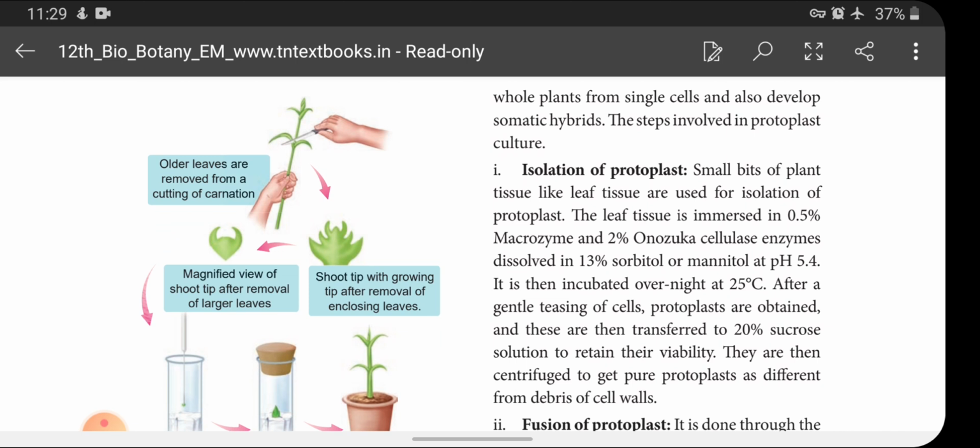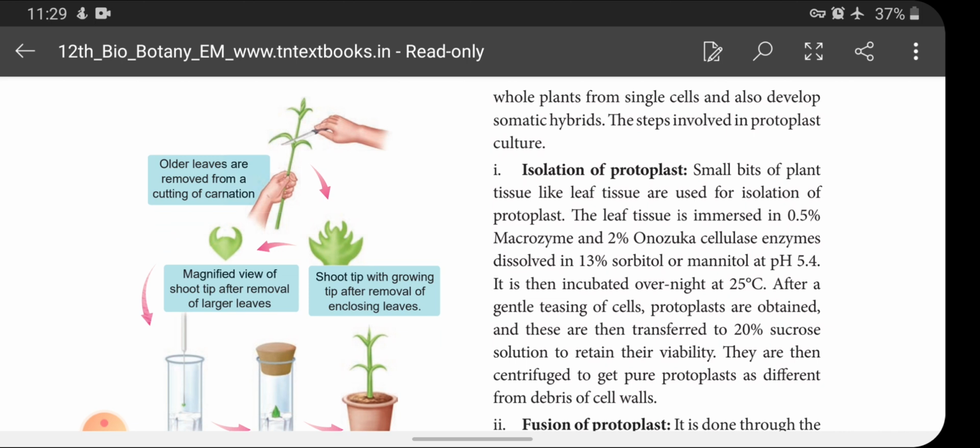Okay. So how to isolate protoplast from a plant cell? You will get a general question like this. For that, small bits of plant tissue like leaf tissue are used for isolation of protoplast.